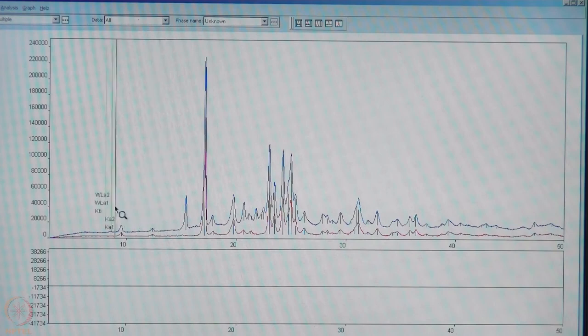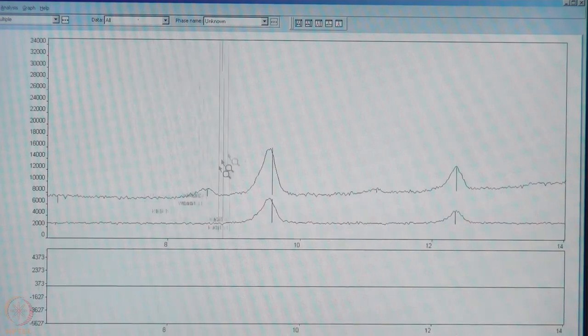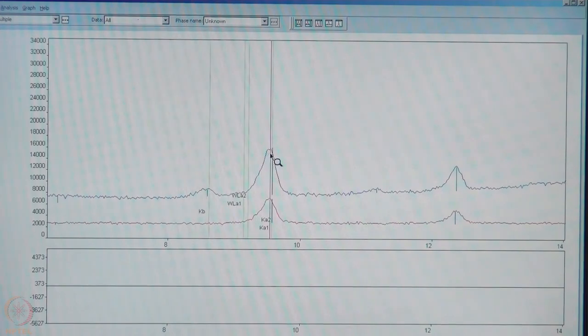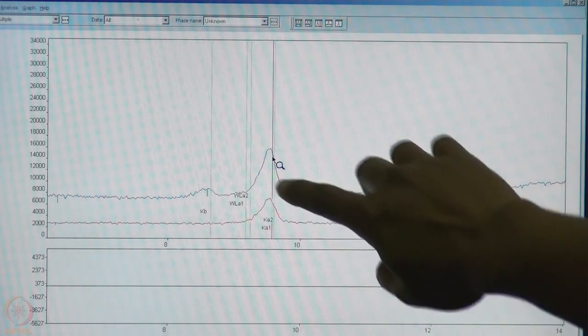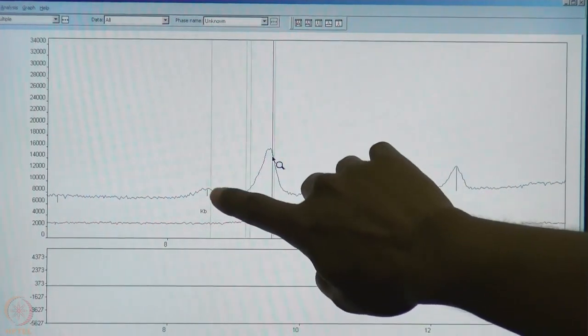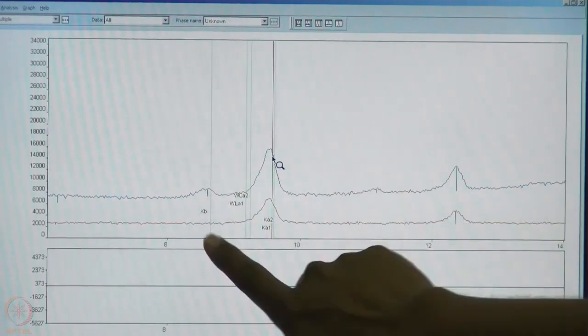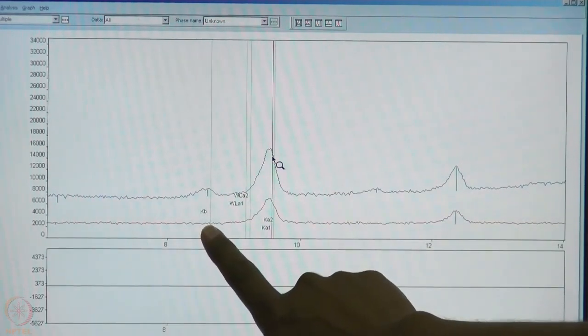That presence of K beta radiation is not very prominent for the weak diffraction peaks, but still we can see that if we place the K alpha 1 on this line, there is a K beta peak coming here which was not there in red.